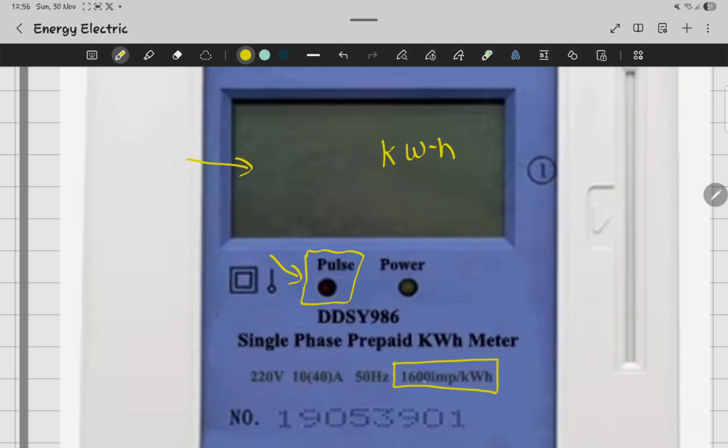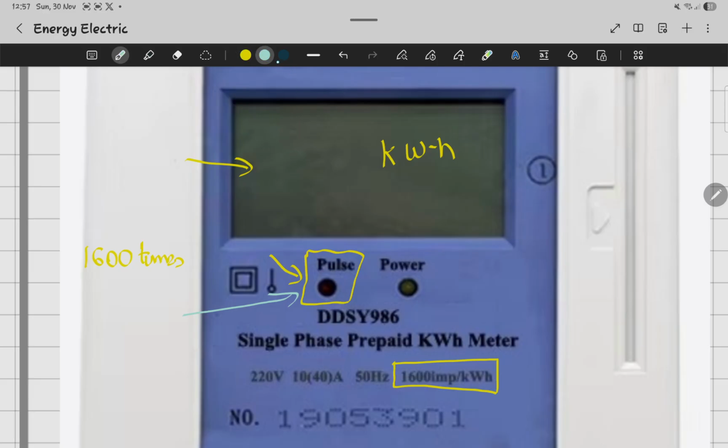This number means how many times this impulse LED will flash. This is just to tell you, in this system, this LED will flash 1,600 times in order to get 1 unit.